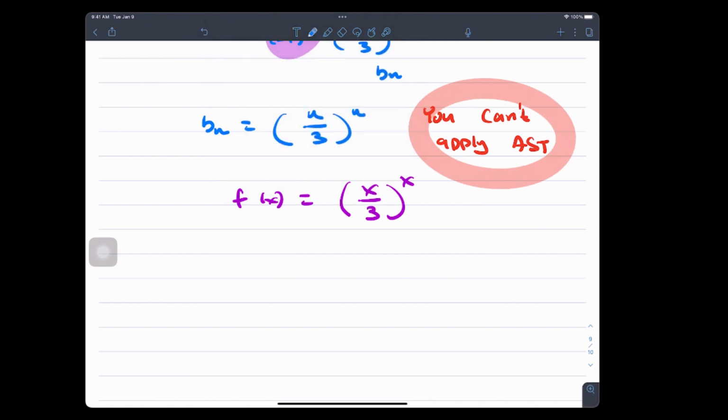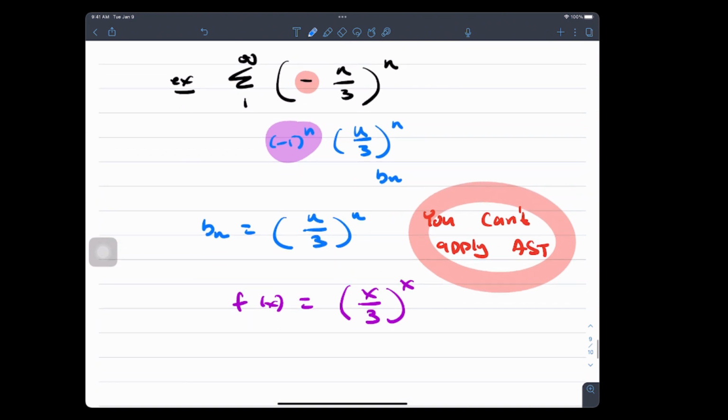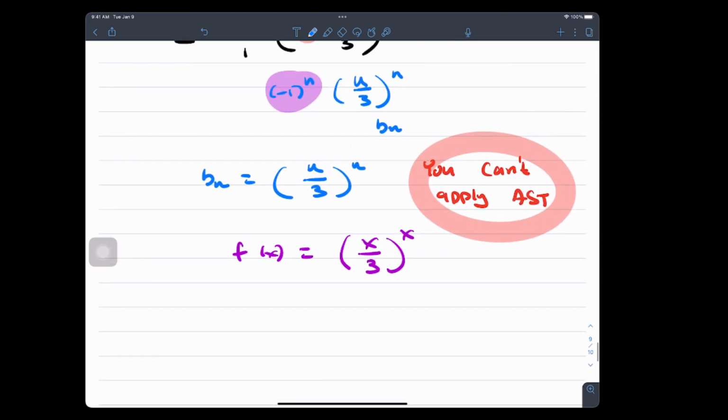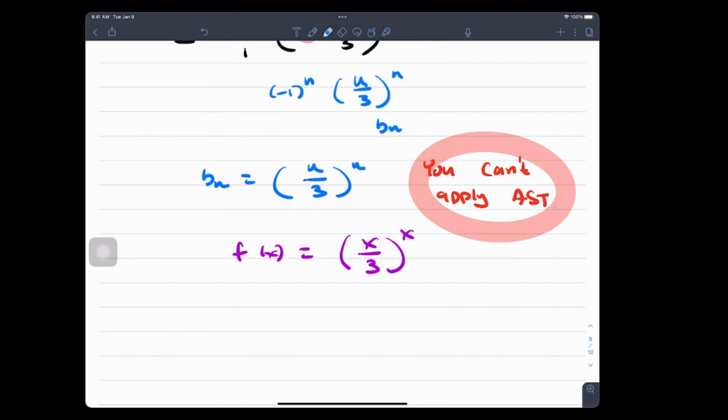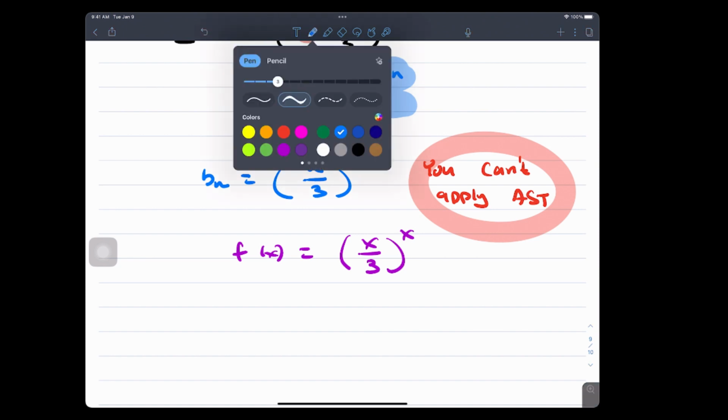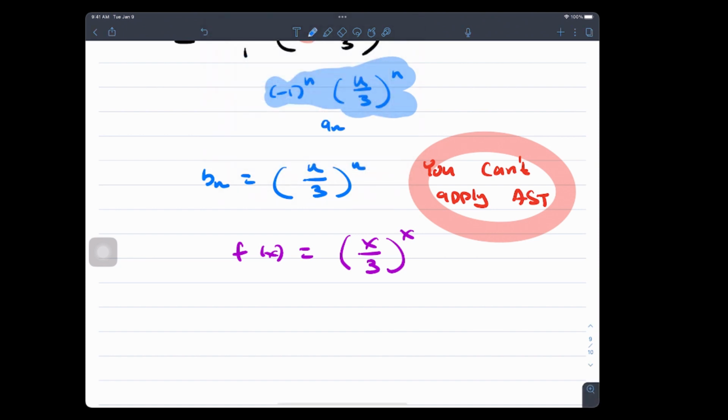But I'm going to recommend you look at this question this way. Okay, so get rid of the alternating portion. This is completely increasing. So don't call it Bn anymore, call it what? An.